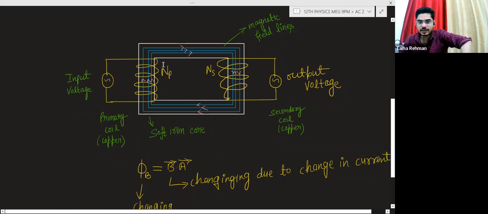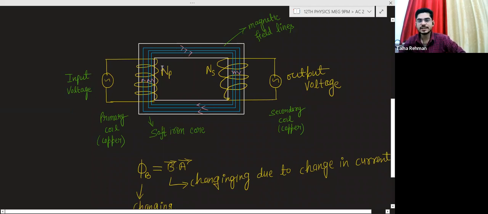So these are the turns. Suppose there are some turns in this coil, and there are some turns in this coil. So this is the primary coil, I am considering this as the primary coil.